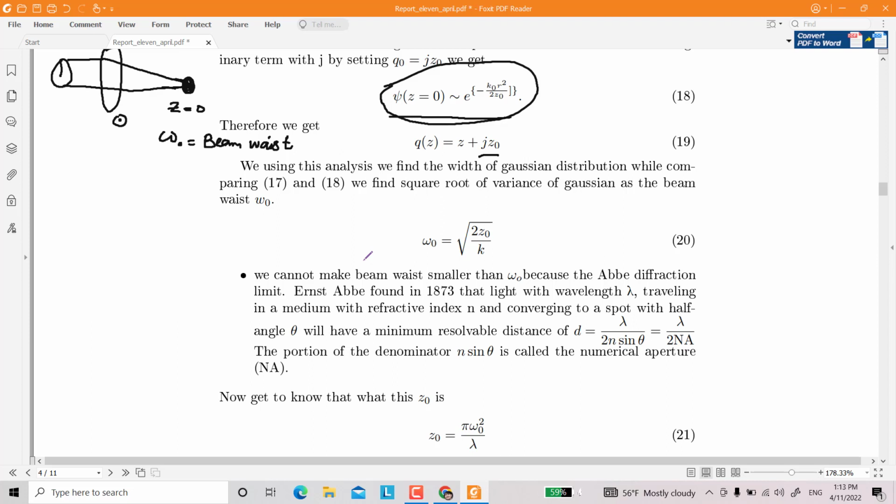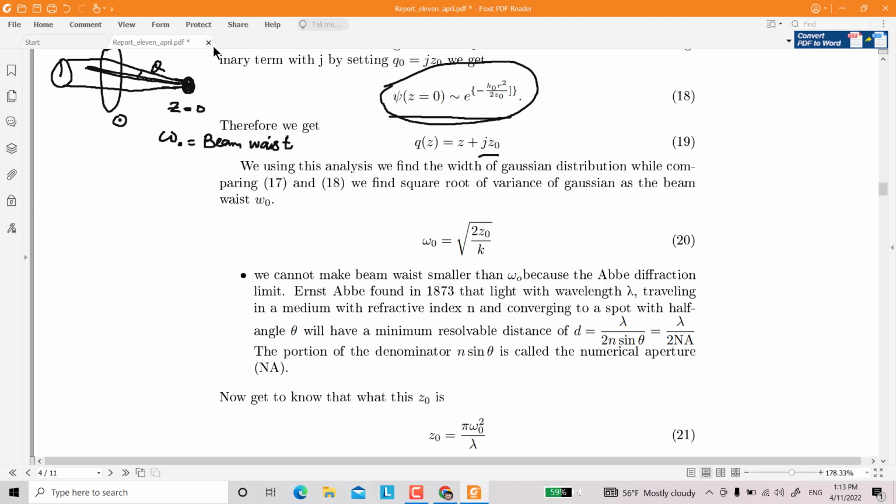Abbe's limit was found in 1873 that light with a wavelength lambda traveling in a medium with refractive index n and converging to a spot with half the angle, means if this is the optical axis, then this is the angle that a beam with the minimum beam waist will get, right?